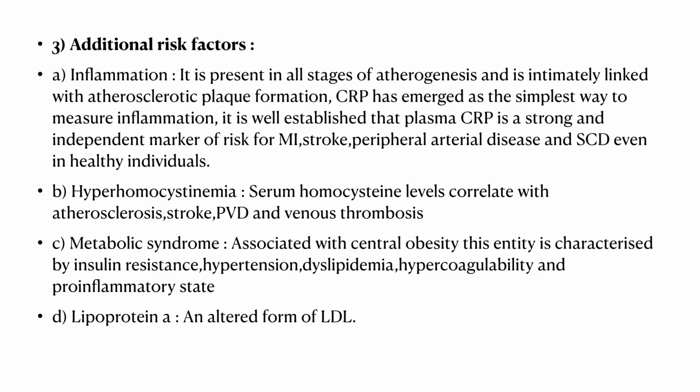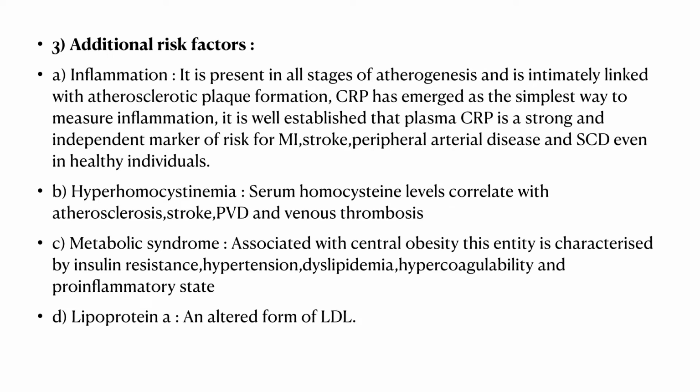The third group is additional risk factors. 20% of the cases occur without any of the previously discussed factors. Clearly, other factors contribute to the risk of atherosclerosis. The very first of these is inflammation. It is present in all stages of atherogenesis and is intimately linked with atherosclerotic plaque formation. Then, how do you know whether inflammation actually causes this atherosclerosis?